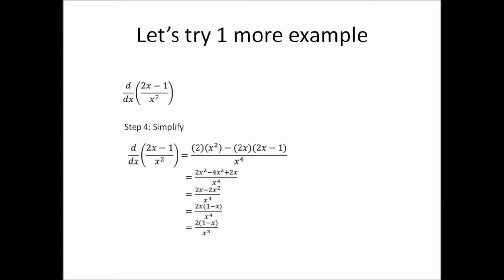So we take out the 2x, and we find that the x and the x to the power of 4 below can be cancelled, and the final answer will be 2 bracket 1 minus x over x to the power of 3. And basically that's the gist of the quotient rule. So remember to practice and you will get perfect at it.